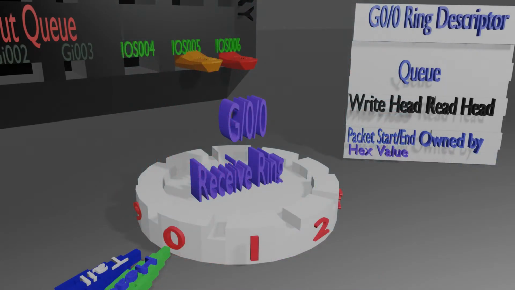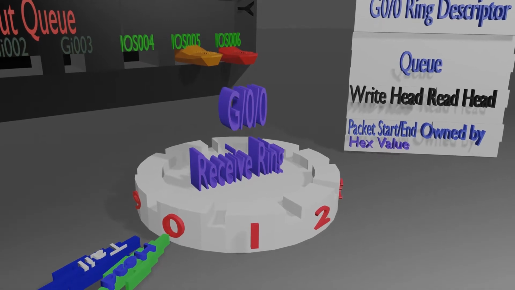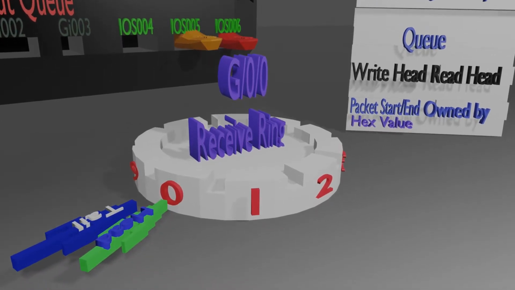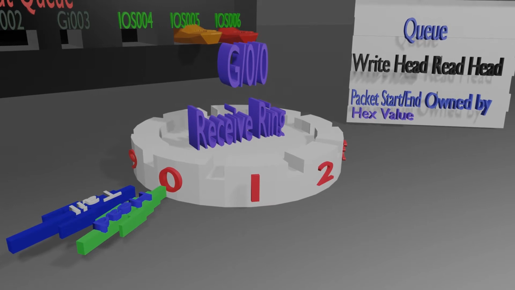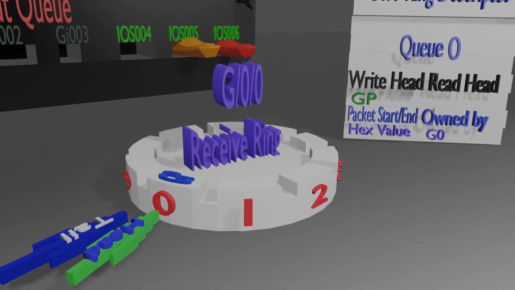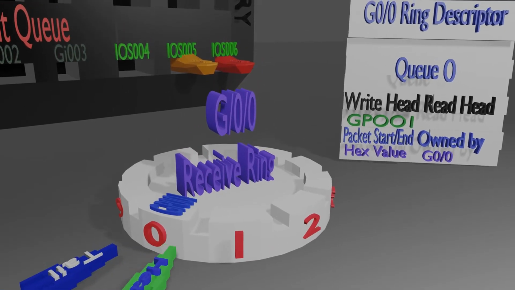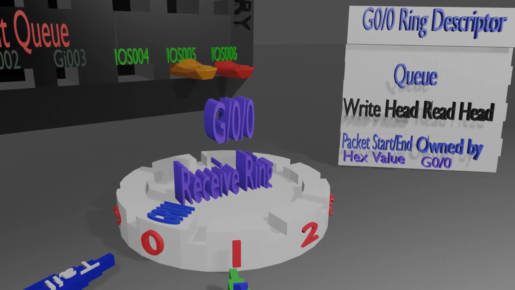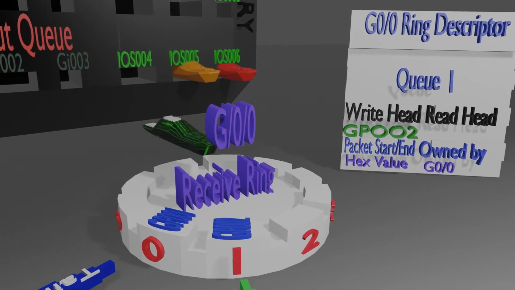Let's look under the hood of G0/0's receive ring. The ring has 10 buffers labeled 0 through 9. To the right of the ring is its descriptor, better known as a ring descriptor. The descriptor references the buffer addresses at which a packet can be stored and who owns the buffer. The receive ring reads its descriptor to learn the memory locations new packets can be stored as they arrive to the interface.